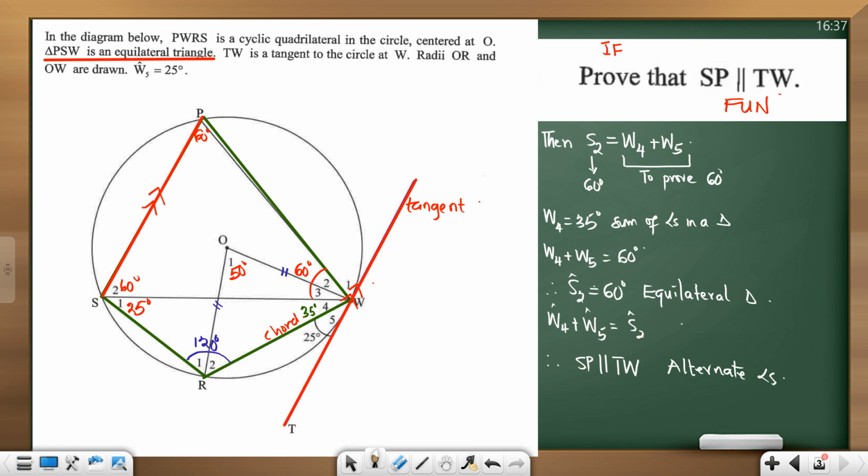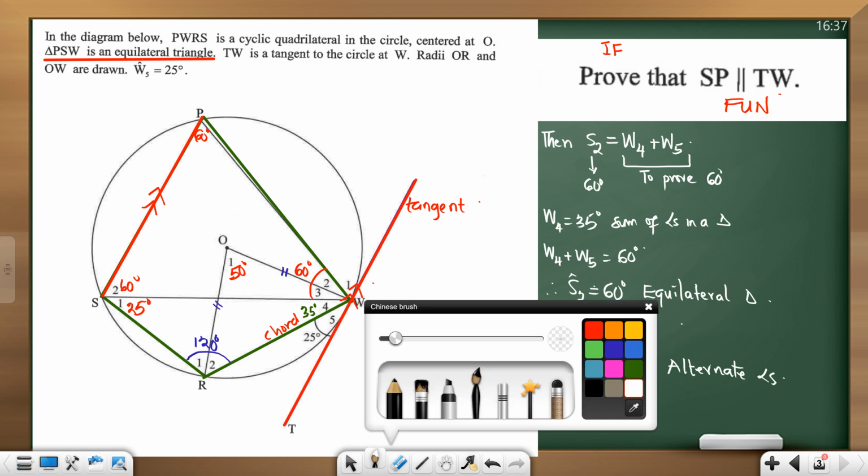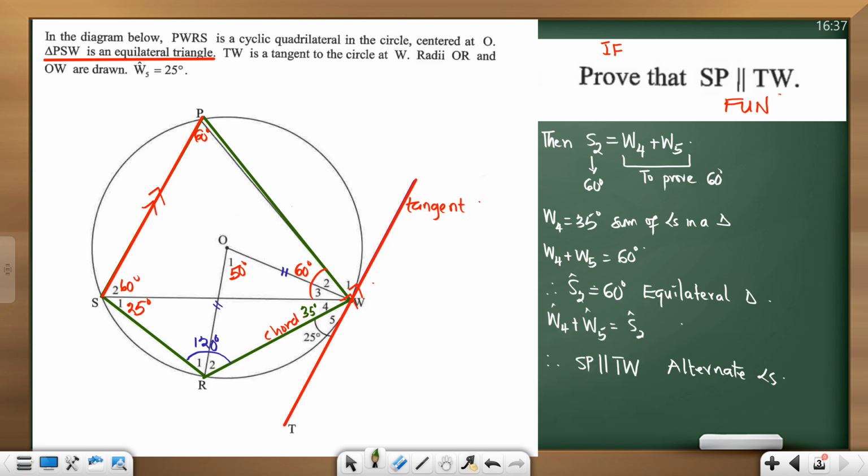Hi, sir. Sir, I was going to use W1 as well. Okay, I was also going to use W1. So take us through your W1. Sir, I said that W1 is equal to S2. W1 equals to what? S2.